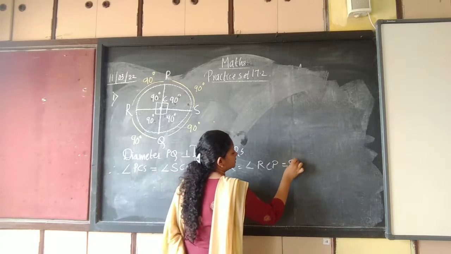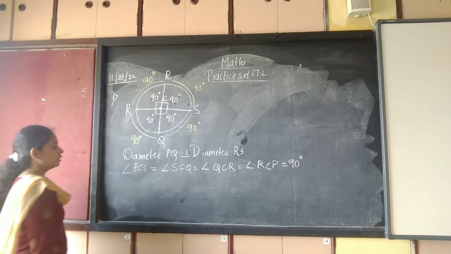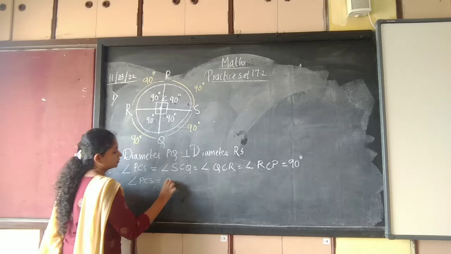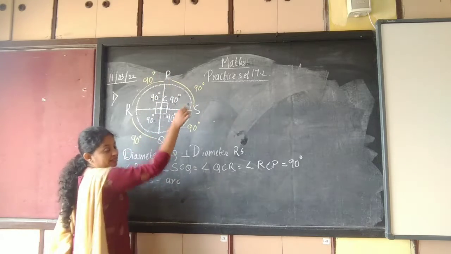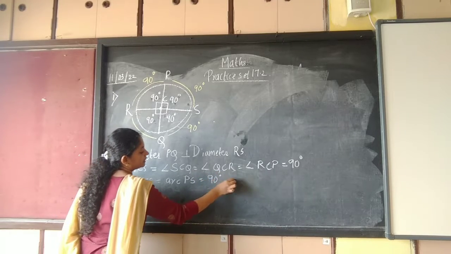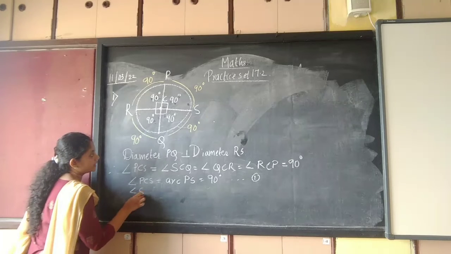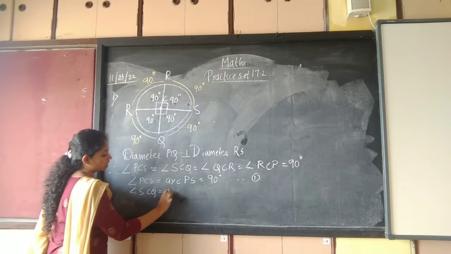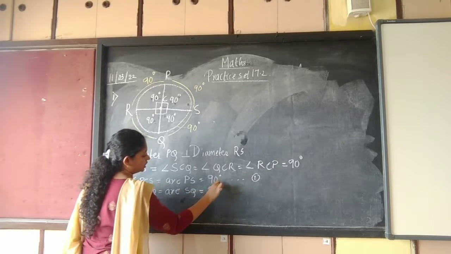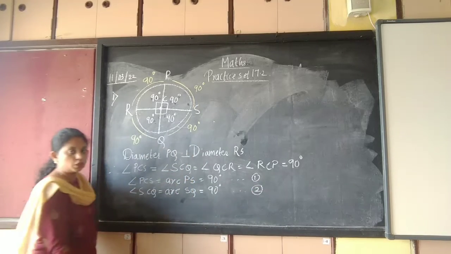All measurements are 90 degrees as they are perpendicular to each other. Now angle PCS is equal to which arc? Arc PS. So arc PS is equal to how much? 90 degrees. Let's keep this as number 1. Angle SCQ is equal to which arc? Arc SQ, equal to how much? 90. Let's put it as number 2.